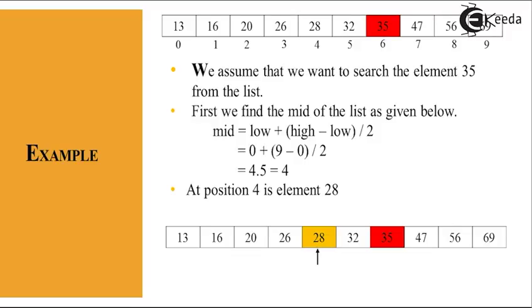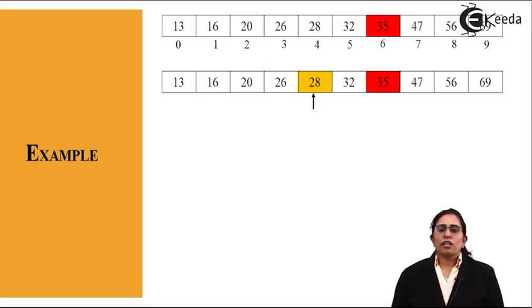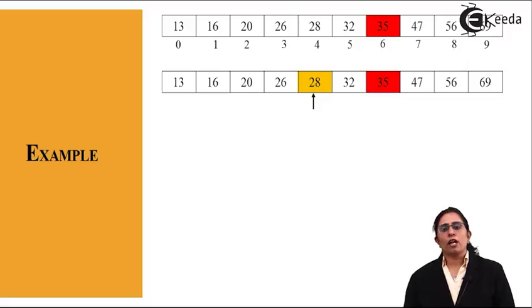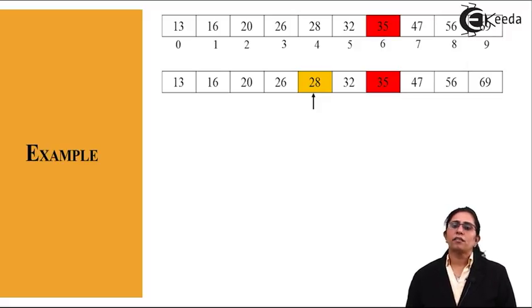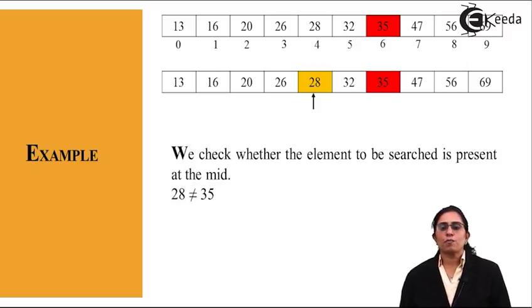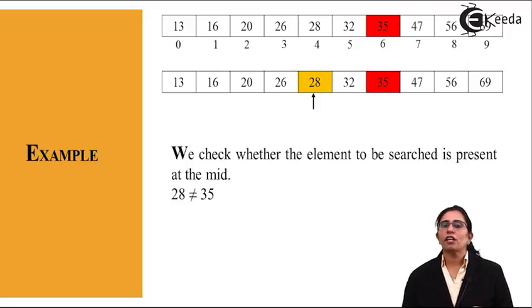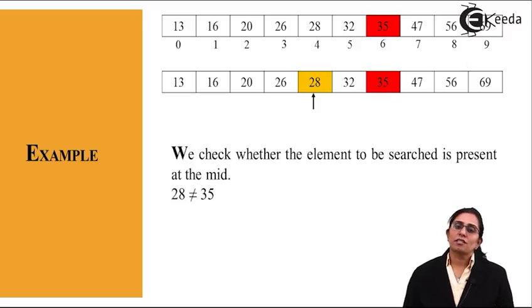What do we do next? For this particular sorted list, we've found the element 28 at mid and 35 is the element to be searched. So we check whether the element to be searched is present at the middle. 28 is not equal to 35. So that particular condition is not satisfied.